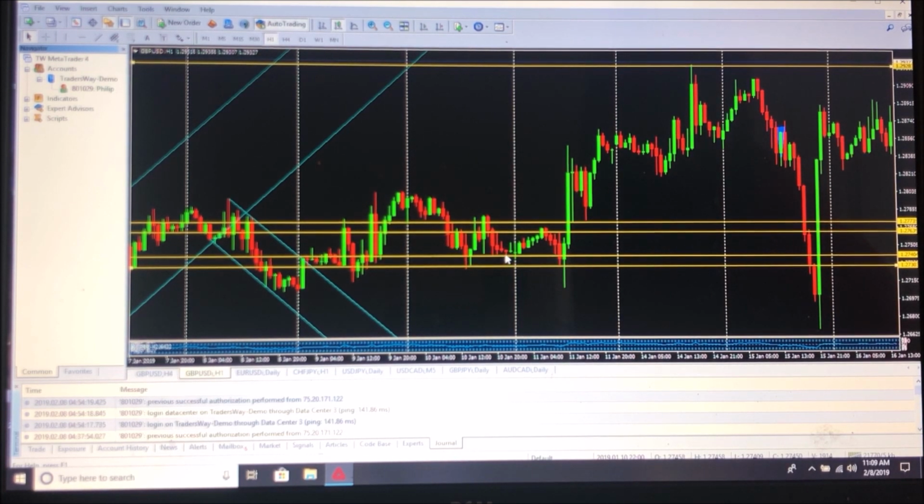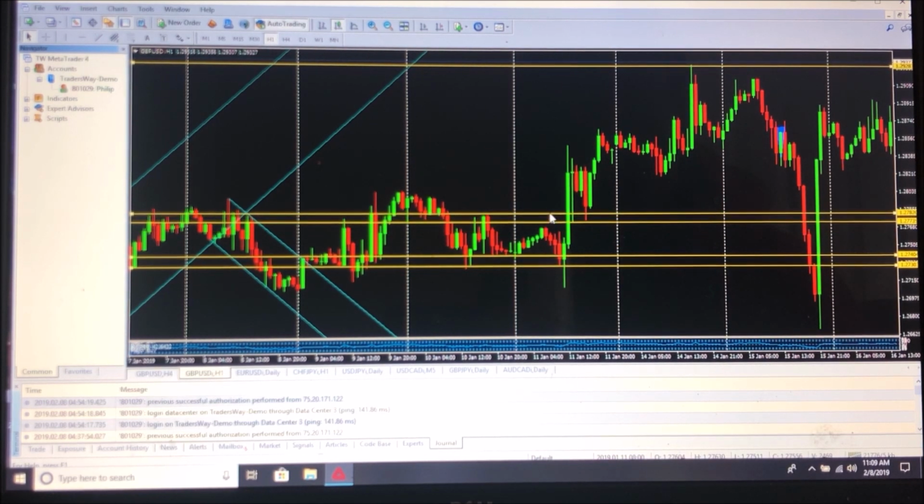Right there. And then you'll take profits, 10 pips on each side, 2 a.m. candle. So this would be 1.27835. Quick 10 pips to start off your day.